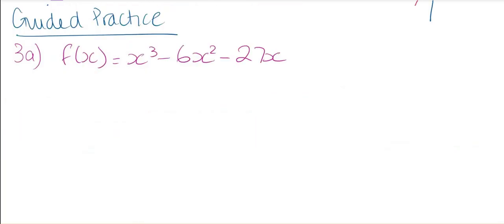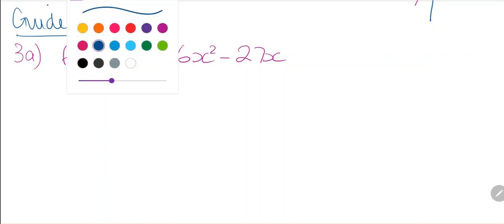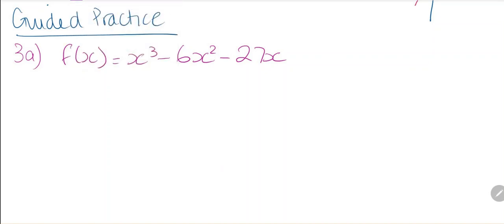Okay, so you need to try this question. You can pause the video, and when you're ready for the answer, you can press play. So I'm going to explain. The first thing we're going to do is factor by x. That'll leave us with x squared minus 6x minus 27.